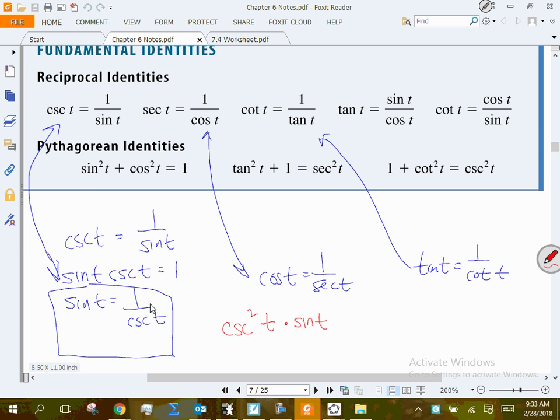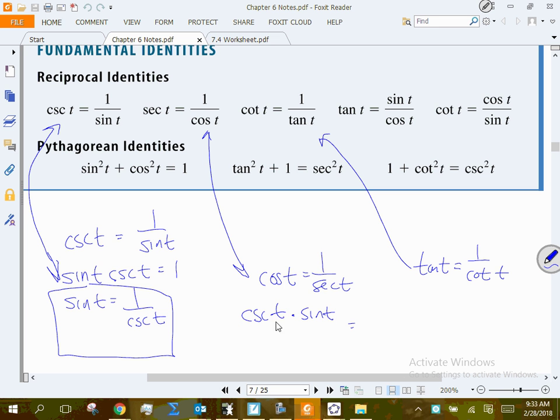But if I know that sine of t can be rewritten as 1 over cosecant, does that allow me to make that substitution and get those to cancel, and all I'm left with now is cosecant of t? Does that make sense? Or even if it was just to the first power here, if I had cosecant t times sine of t.